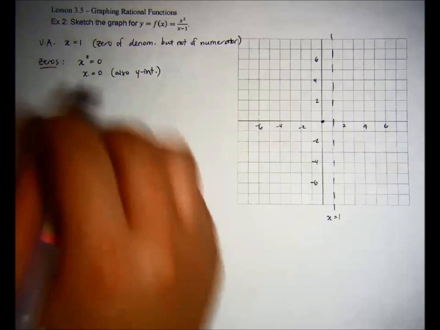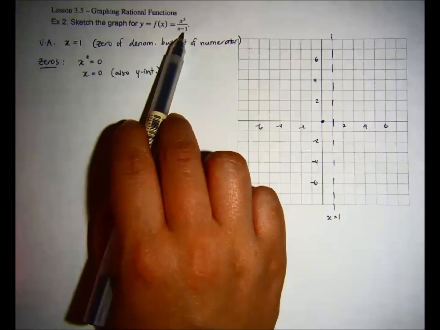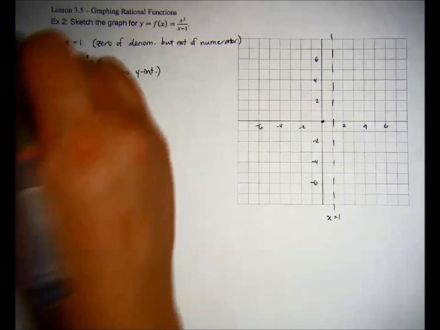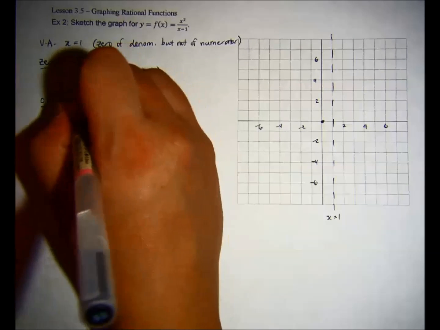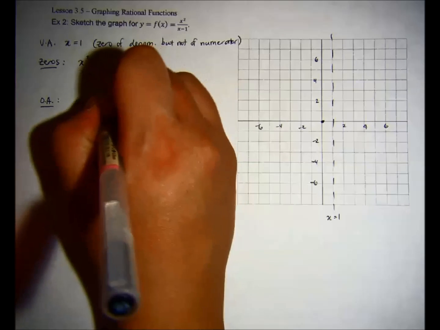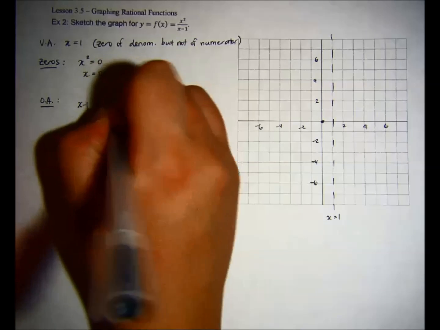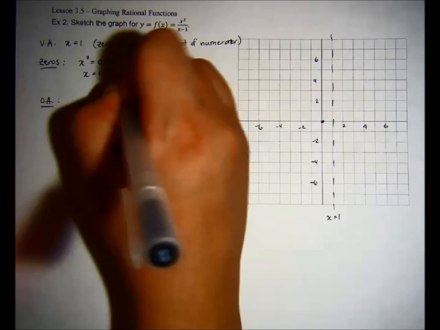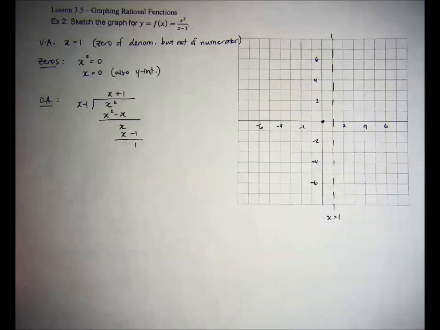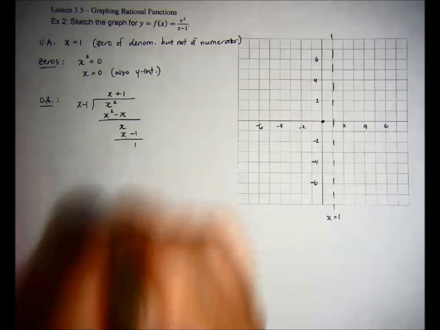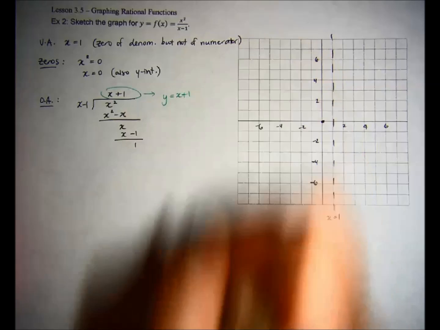Because the degree of the numerator is 1 higher than the degree of the denominator, we know that we're going to have an oblique asymptote. So to figure out our oblique asymptote location, we're going to have to do long division. And we see that, therefore, our oblique asymptote is going to be y equals x plus 1.